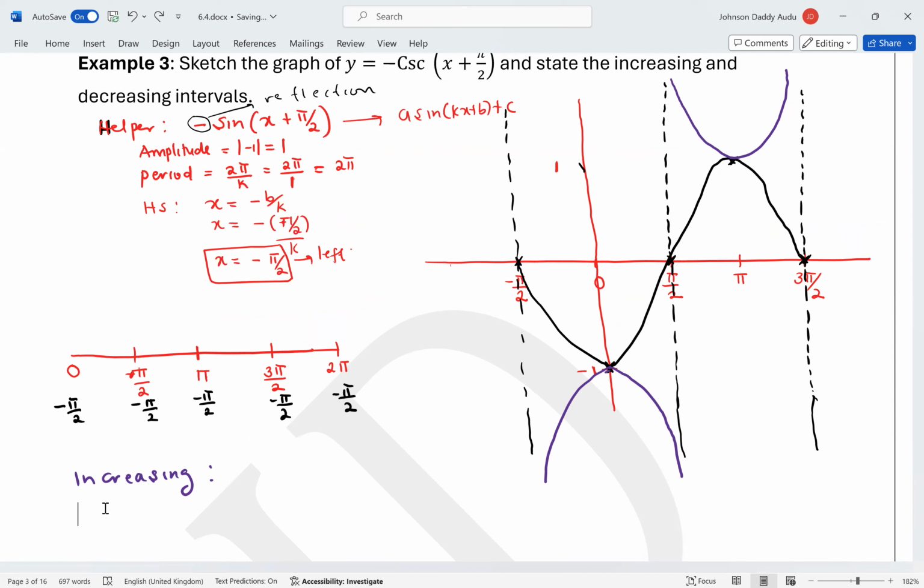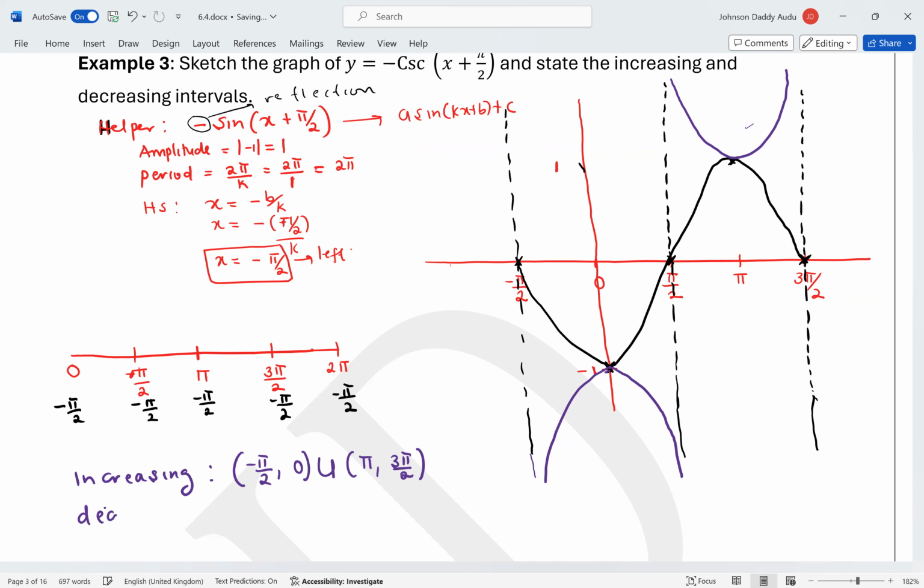If you look at increasing, it means you are increasing from here to here. So this is going to be from minus pi over 2 to 0 open, union. You also have another increase in this part here, which is from pi to 3 pi over 2, right? See that? That is increasing.